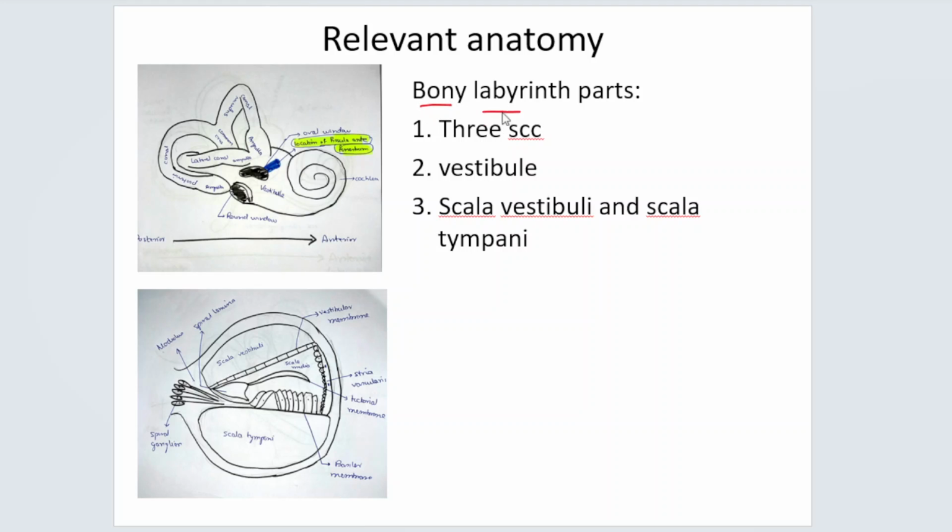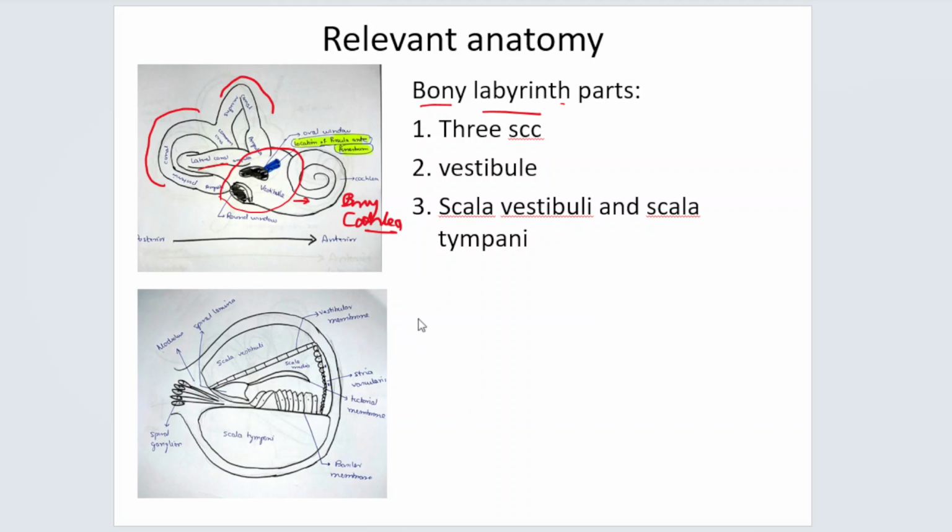The parts of the bony labyrinth are the 3 semicircular canals. This is the first semicircular canal, this is the second, and this is the third. The part in the middle is called the vestibule, and the part in front is the cochlea, the bony cochlea.